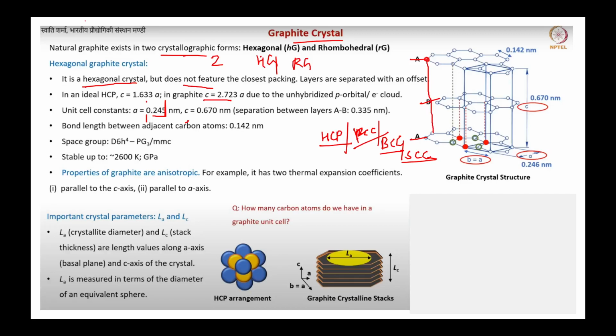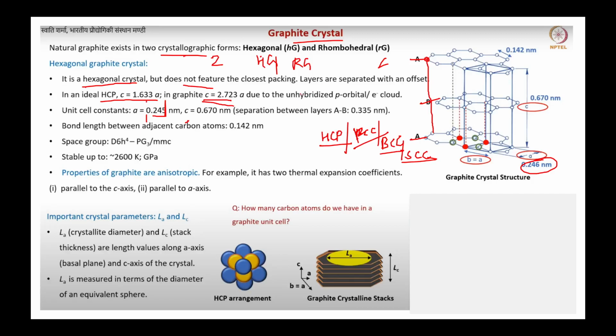Now, in the SCP, your C value is 1.633 A. A is basically this term, A is 0.246 nanometer, and in graphite the C value is 2.723 due to unhybridized p orbital electron cloud.